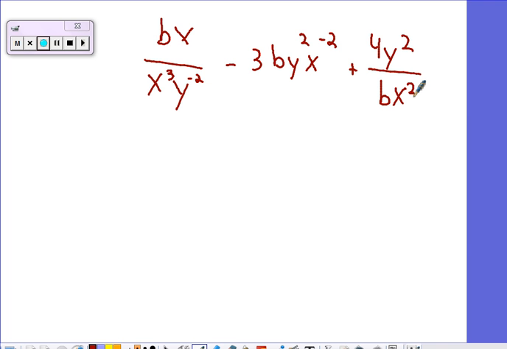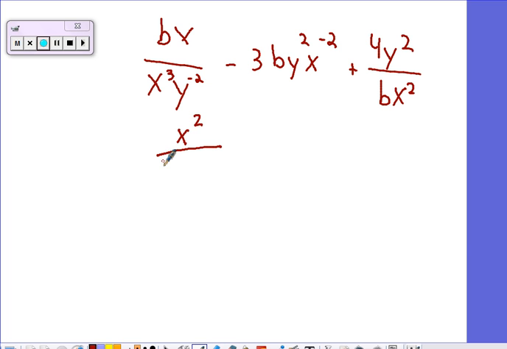So when I do that, on my first term, what is the first term going to look like? You've got to move the b and x down. Okay, I move the b and the x. Wait, no, you don't. The x on the bottom won't move. The x on the bottom is going to go up. Okay, so the x on the bottom is going to go up. That's negative 3 plus 1, negative 2, right? But the b has to go down.